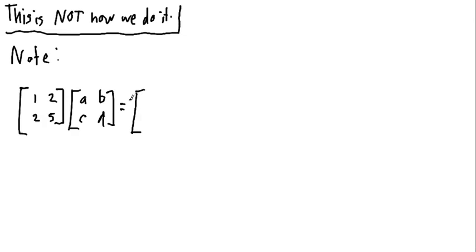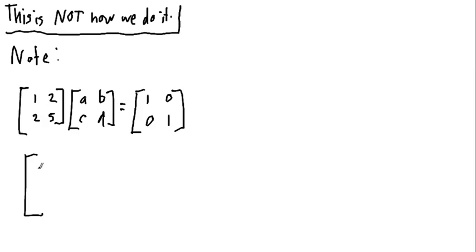And so the question is then, we're assuming that this is equal to the identity matrix. Well, what happens when I multiply these out?